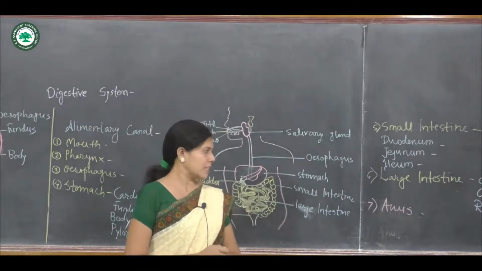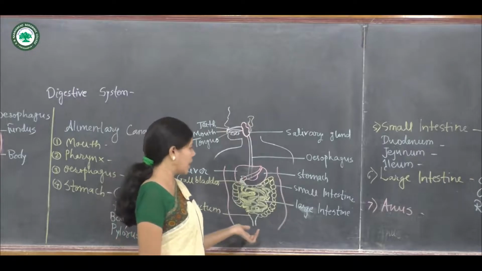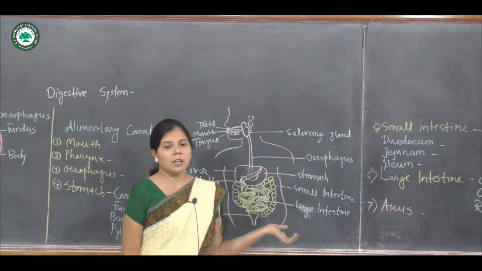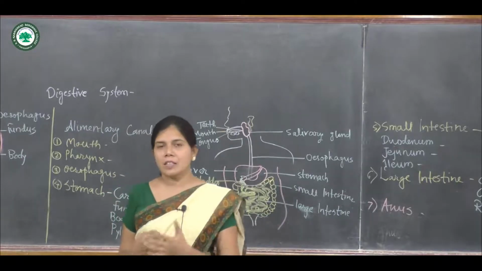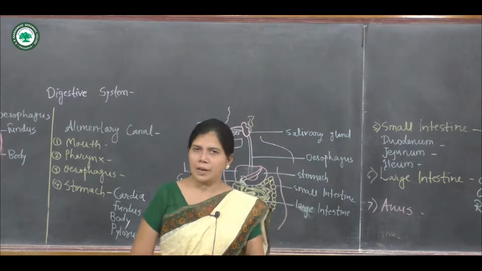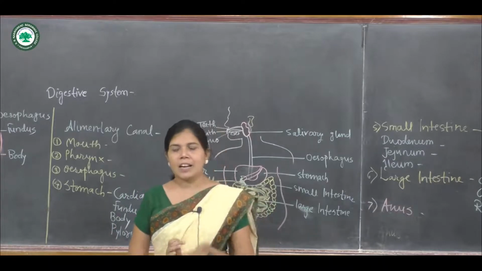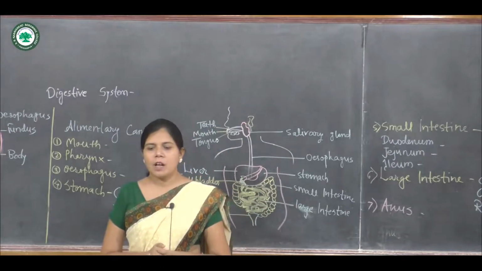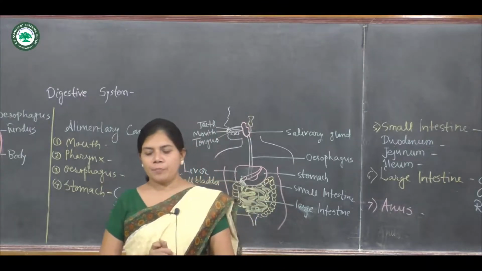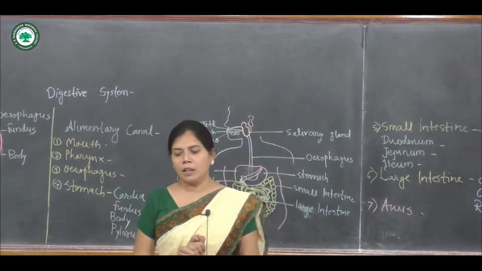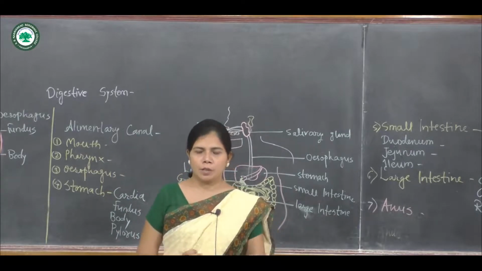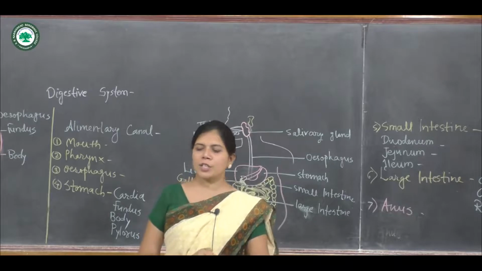The rectum continues to the last part of the alimentary canal, the anus. The anus is the terminal opening of the alimentary canal. It is guarded by sphincter muscles, or simply sphincters. It expels the fecal matter from the body by the process called egestion.